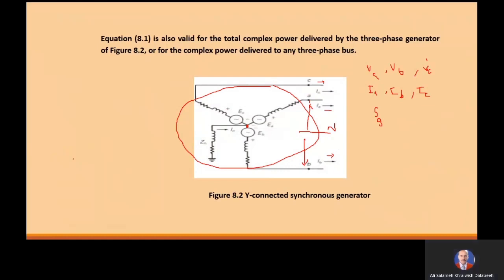So if we need to calculate the apparent power of this synchronous generator, we use the same equation: VA multiplied by IA conjugate, plus VB multiplied by IB conjugate, plus VC multiplied by IC conjugate.